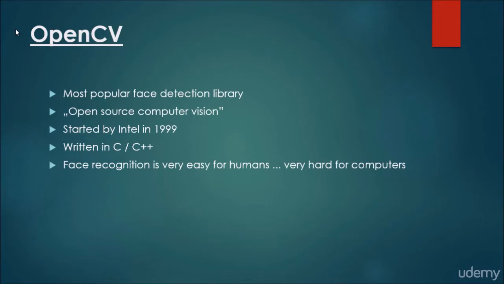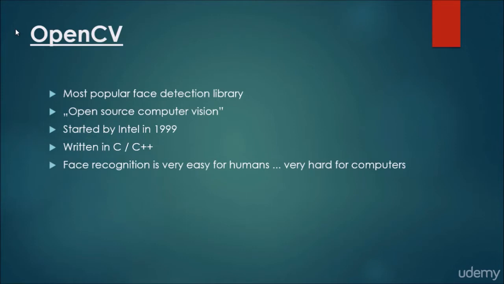And the main problem is that face recognition is very easy for humans. Even, for example, a child at the age of 1 or 2 finds it very easy to detect cars, or birds, or trees, or faces in the main, but it's very hard for computers. And why?